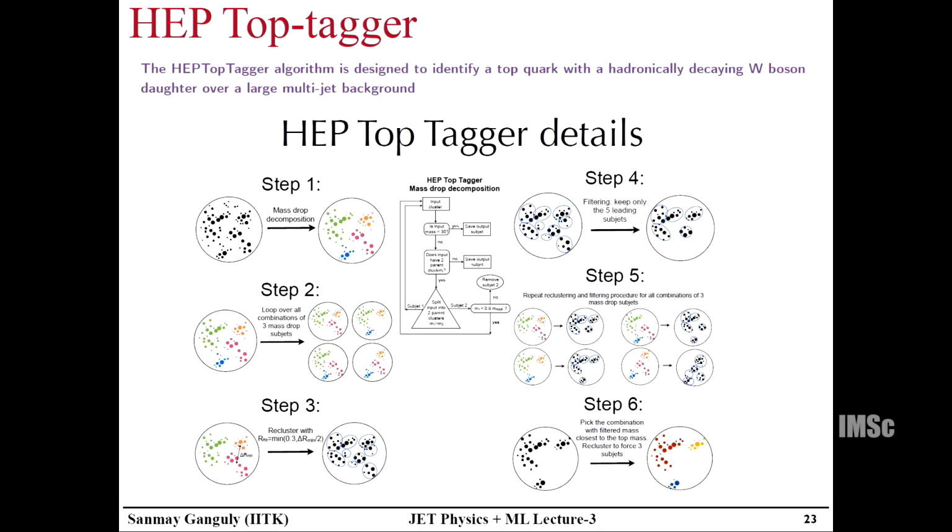On this combination, you do reclustering with filtering, and you try to repeat this process one after another, to ensure you throw away all the soft particles. This iterative algorithm showed that you tend to reconstruct a large radius jet best in data when there is high contamination with pileup.